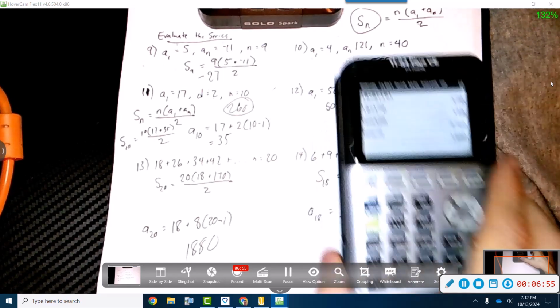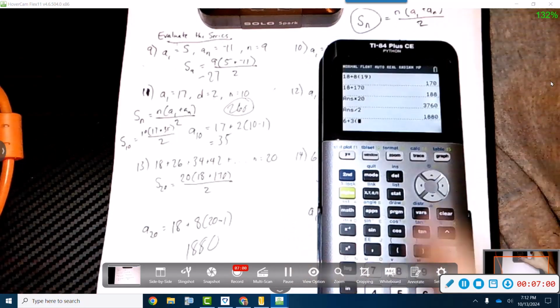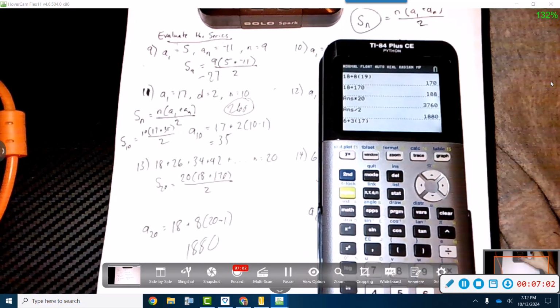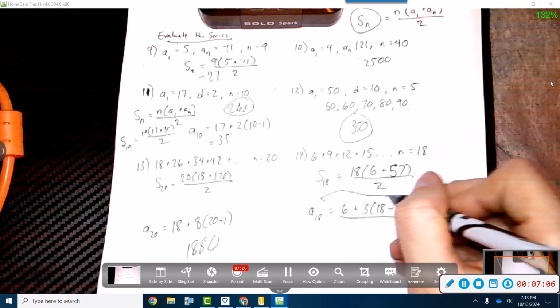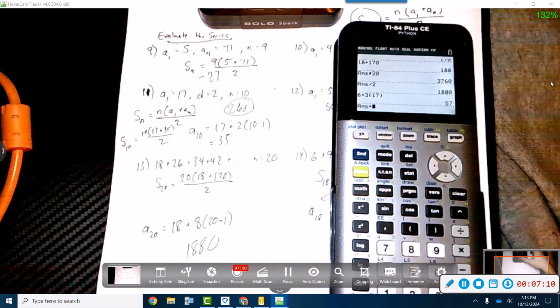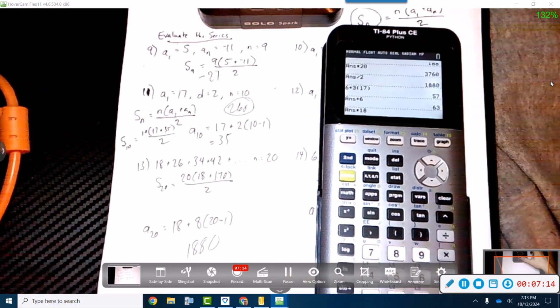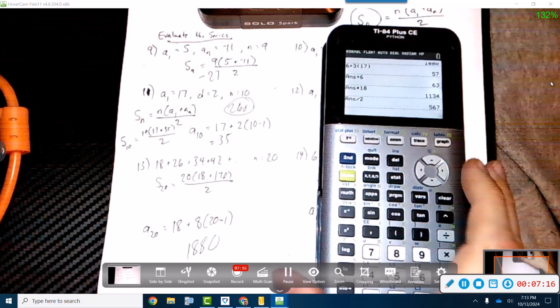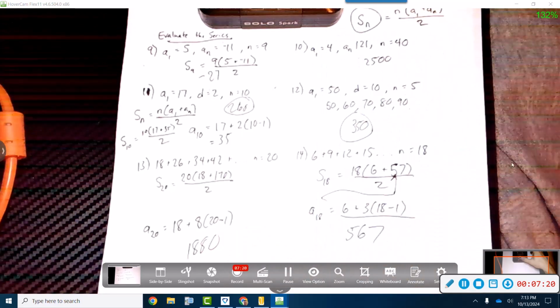So 6 plus 3 times 17 is 57. So 57 goes right up there in that formula. 57 plus 6 equals that, times 18 equals that, divide by 2, get 567. All right, those are the answers.